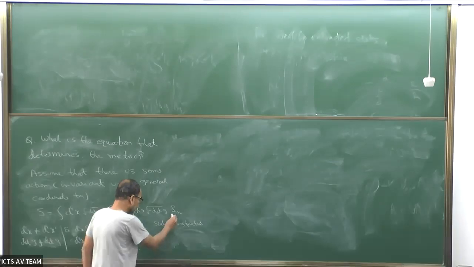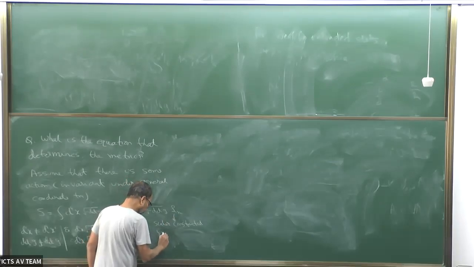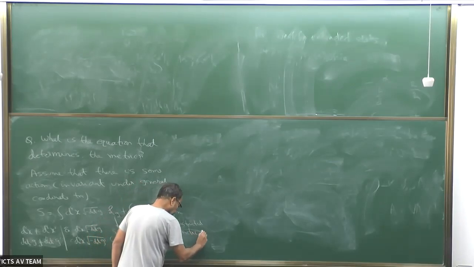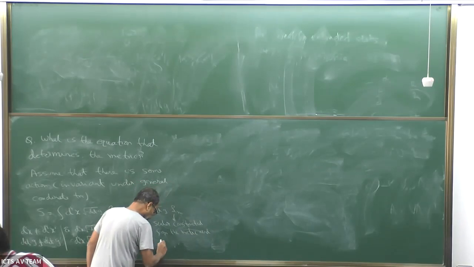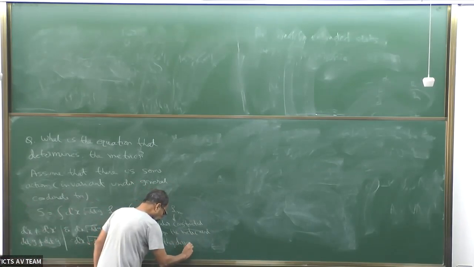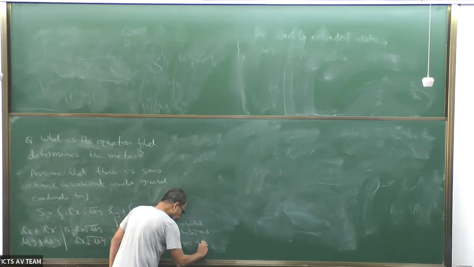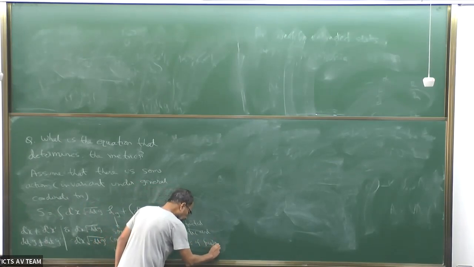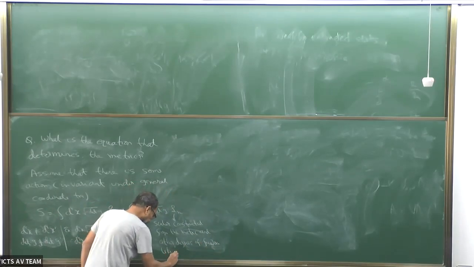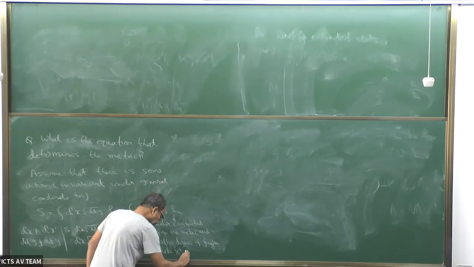So this is a scalar which is constructed from the metric and other degrees of freedom, like x mu, F mu nu, etc.